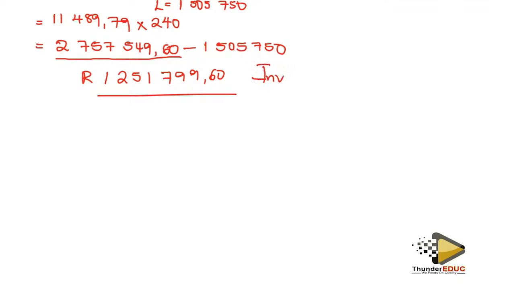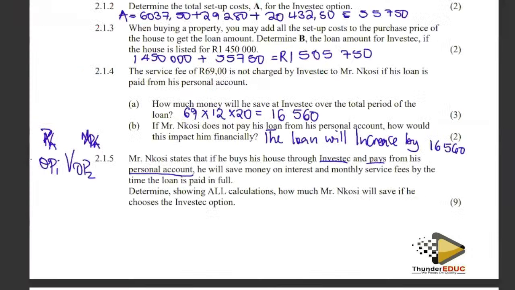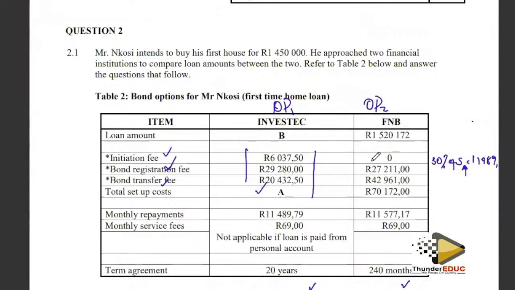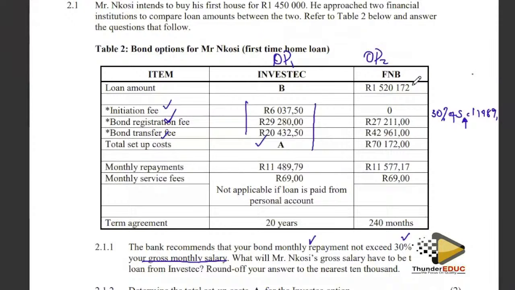What about if he uses FNB? Let's go to the question and look at FNB. The loan amount is this much, then monthly repayments are this much.